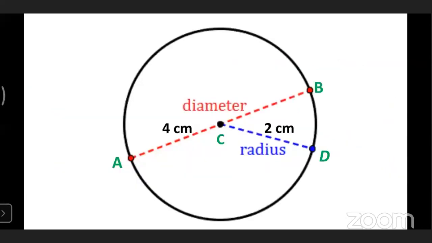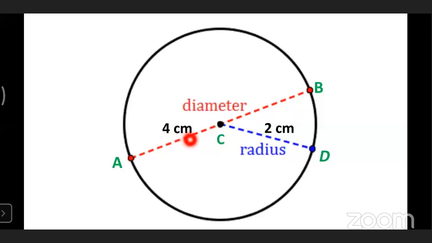Now see. Just now I said the diameter is double the radius. If the radius is 2 centimeter, CD is a radius, right? And AB is a diameter. Then what will be the diameter?